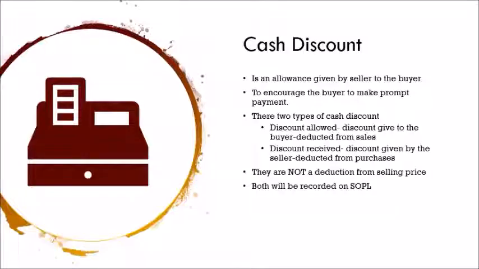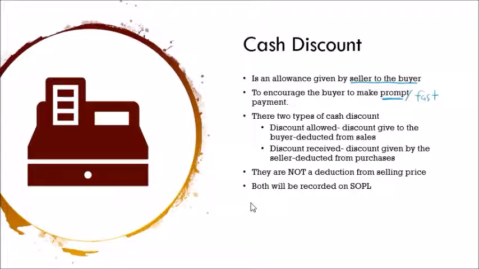So in this slide, we focus on cash discount. Just as I explained before, it is an allowance given by seller to buyer to encourage prompt payment or fast payment.